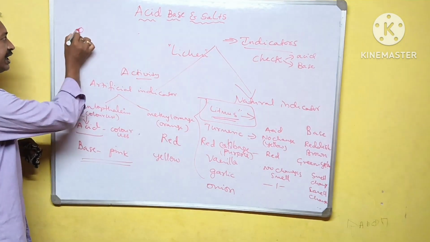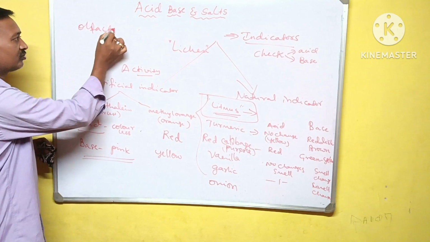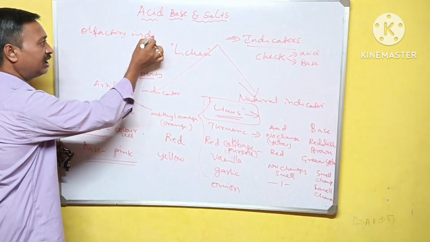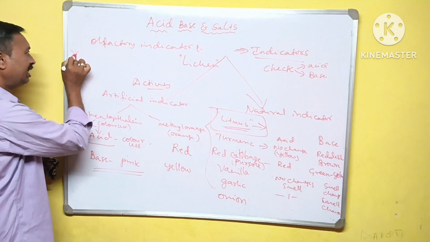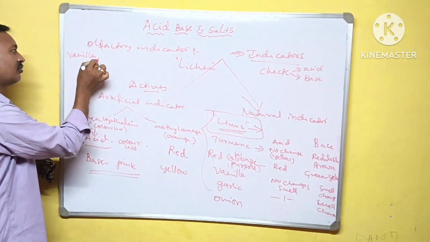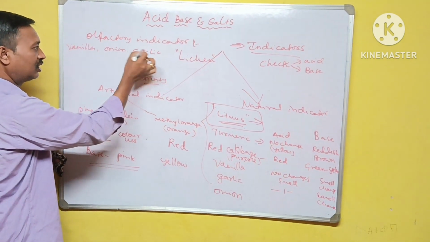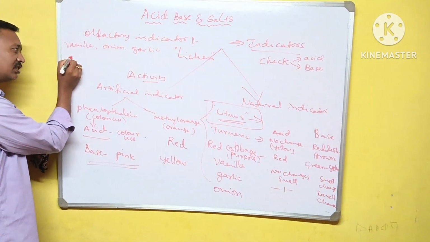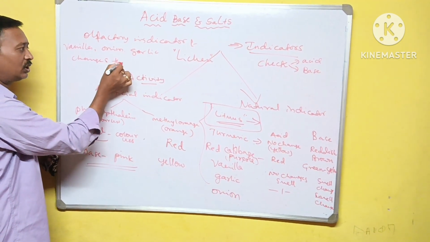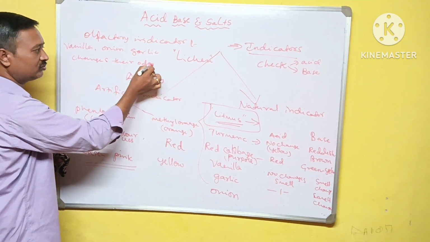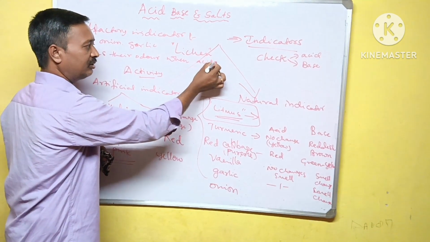One more type of indicator is olfactory indicators. I already taught you that vanilla, onion, garlic change their smell, their odor, when treated with acids and bases.